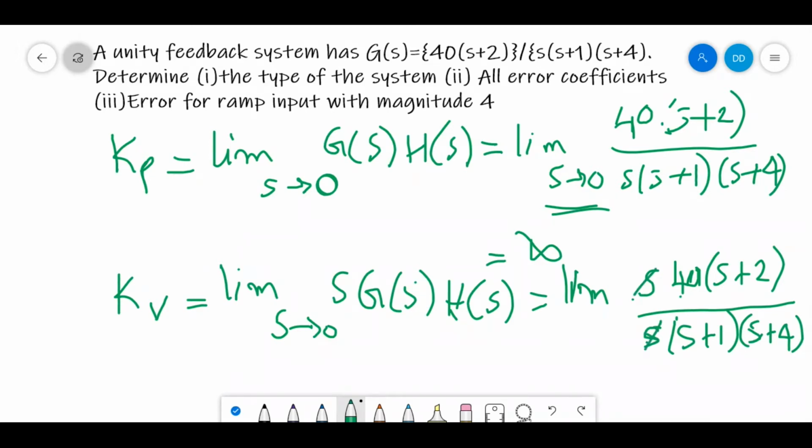This S and S get cancelled. Then we substitute the limit S equal to 0. So what you get is 40 into 2, which is 80, divided by 4. It is 20.